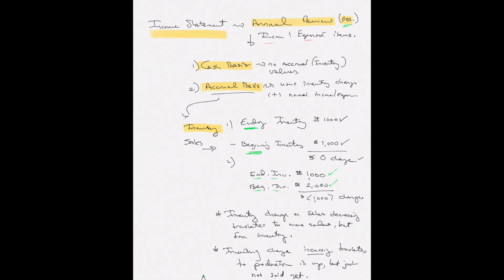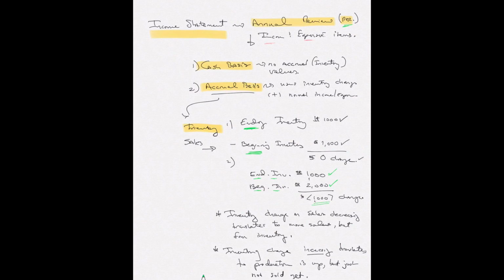So whatever you called sales is probably exactly right. However, if you have a situation where ending inventory is, let's say, $1,000, that means we ended the year with $1,000. However, when we began the year, we began with $2,000.